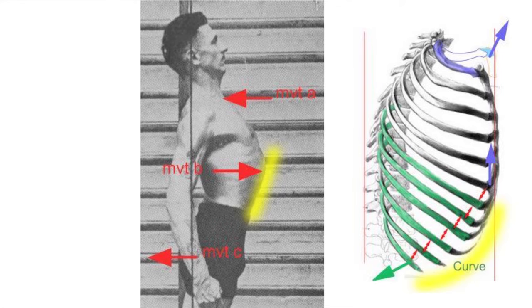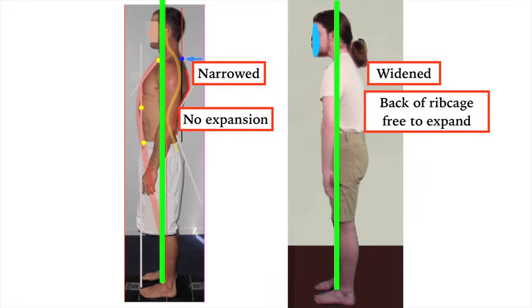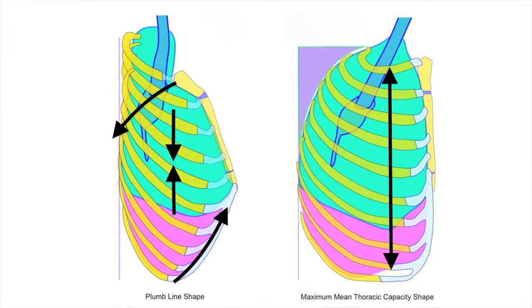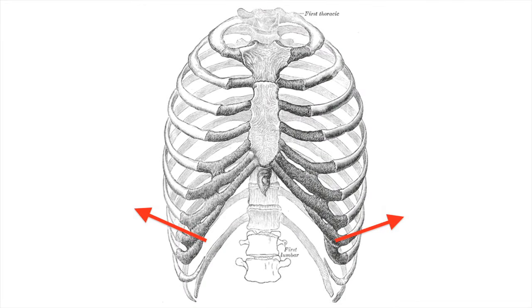What's so troubling about the combination of these deformations of the ribcage is that they restrict us right where we need expansion to breathe, at the back and upper parts of the ribcage, and narrow us from top to bottom, essentially crunching the ribcage. But we also get too much widening at the lower end of the front of the ribcage.